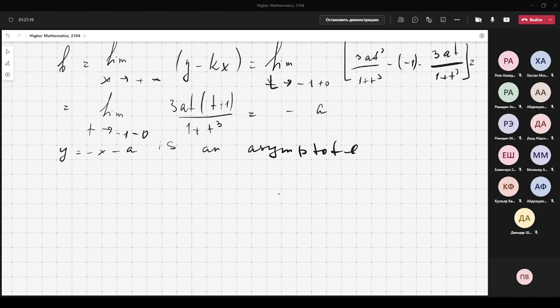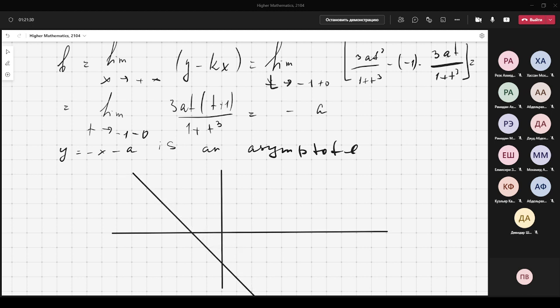On the basis of this investigation, we construct this curve, the graph of this curve.